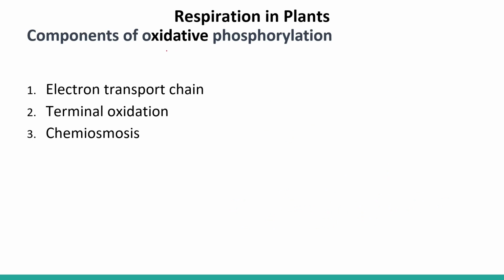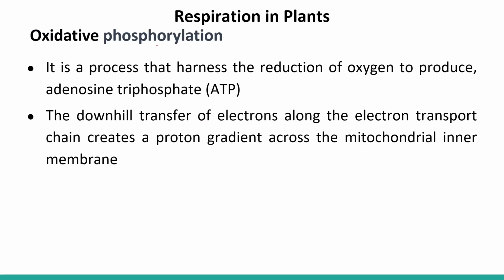Now the third one was oxidative phosphorylation. What are the components of oxidative phosphorylation? First is the electron transport chain, second is terminal oxidation, and then we have chemiosmosis.